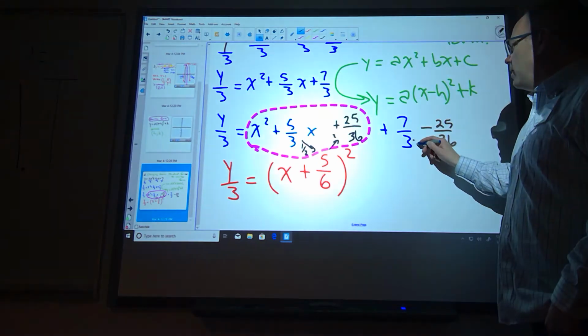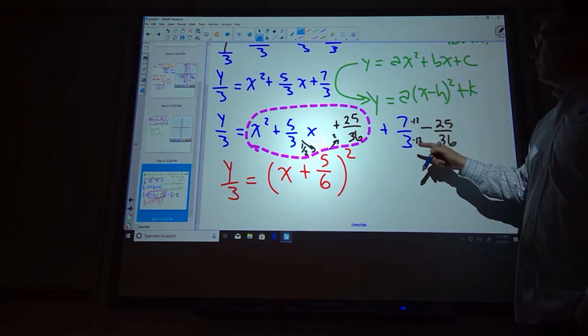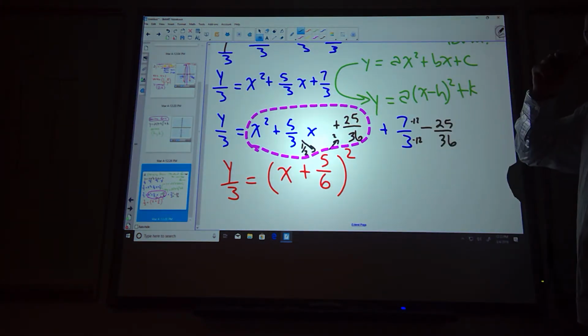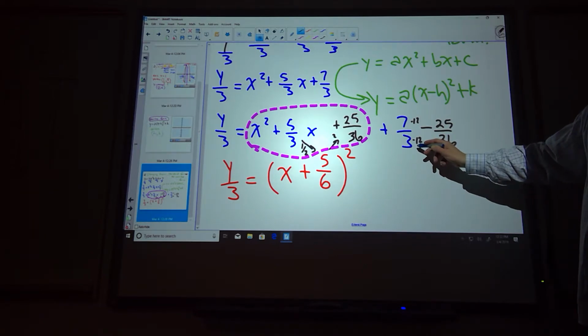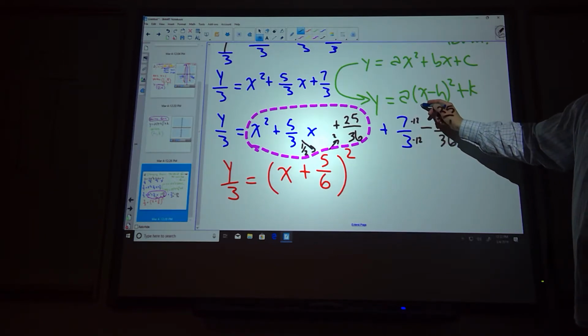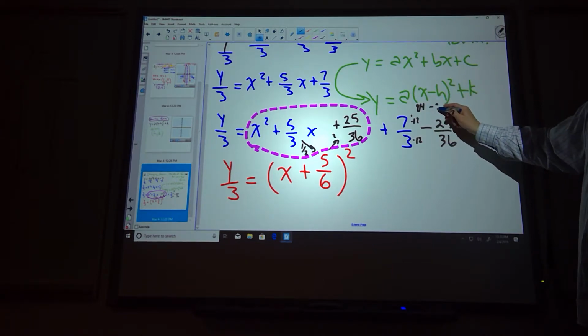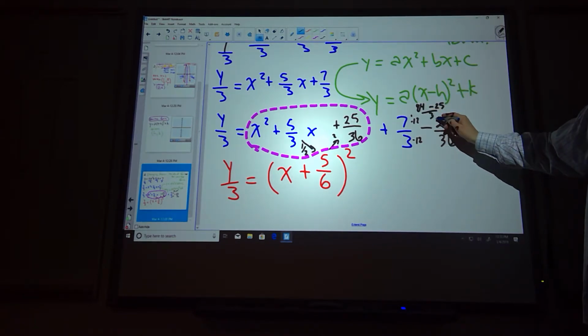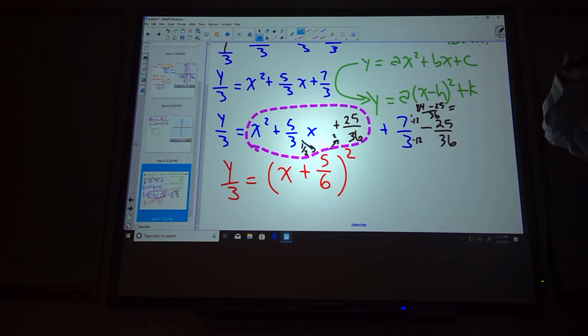Common denominator here, I'm going to multiply by 12 because that common denominator is 36. So 7 times 12, that's 84 minus 25 over 36. So that's going to give me 59 over 36.